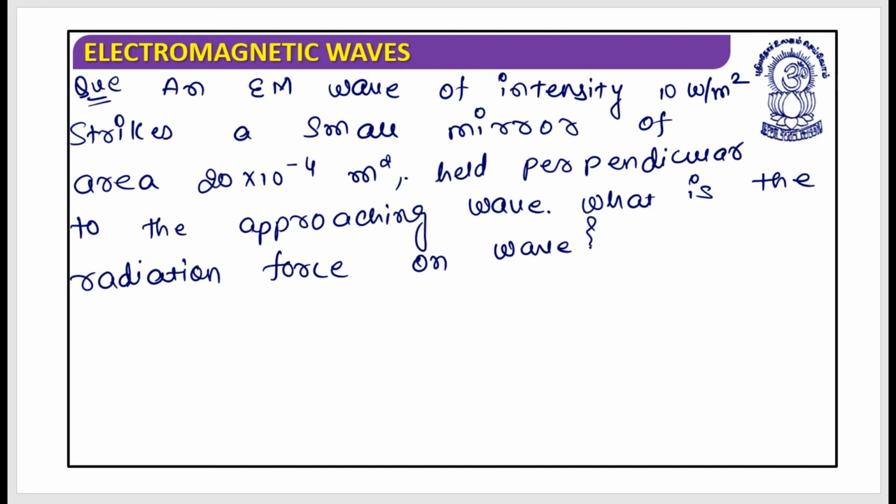Have you noted it down? It says that an EM wave is there and it has an intensity equal to 10 watt per meter square, and strikes a small mirror. Now the word mirror has been given very purposefully, because when I say mirror it is a perfectly reflecting surface.